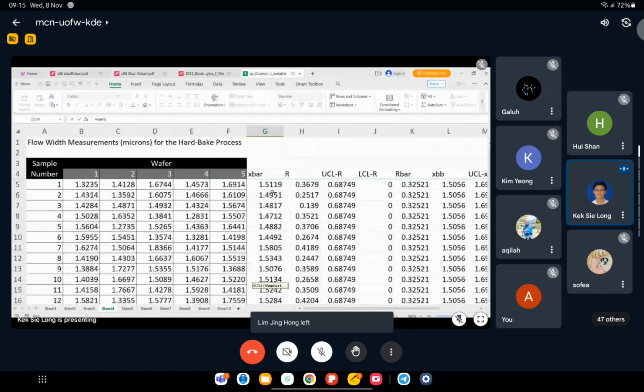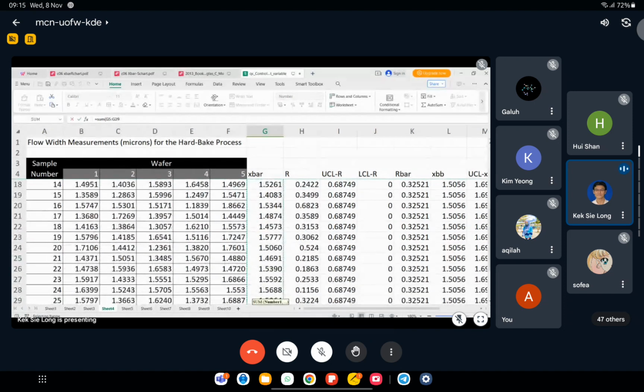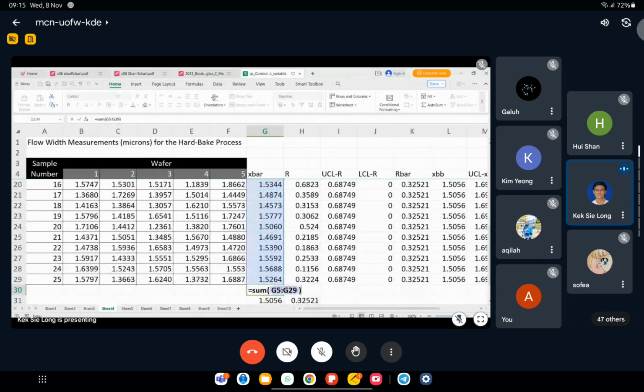And then you can highlight, you just simply highlight the column until here, and then close the bracket. Okay, so this is the command. This is the command to calculate the sum. Enter.